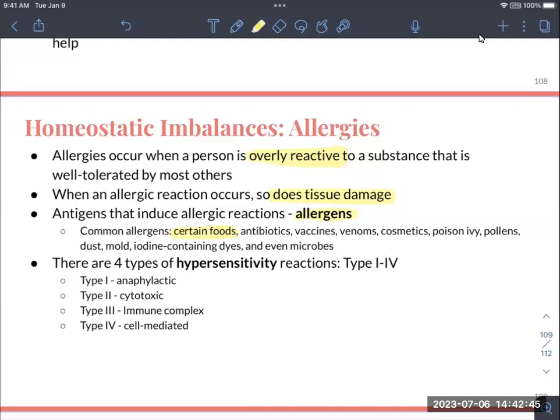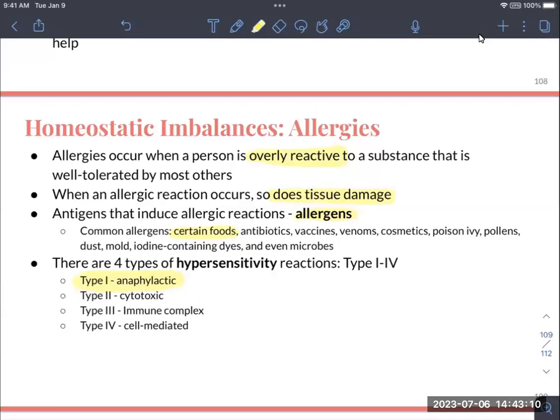There are 4 different types of allergic reactions, or hypersensitivity reactions. Type 1 is anaphylactic. Anaphylactic reactions are not always what people think they are, where the throat closes up and they can't breathe.